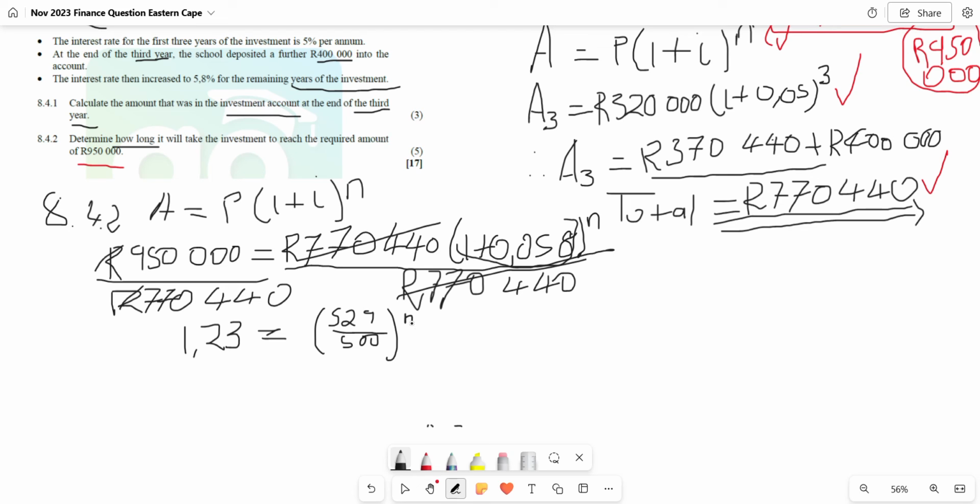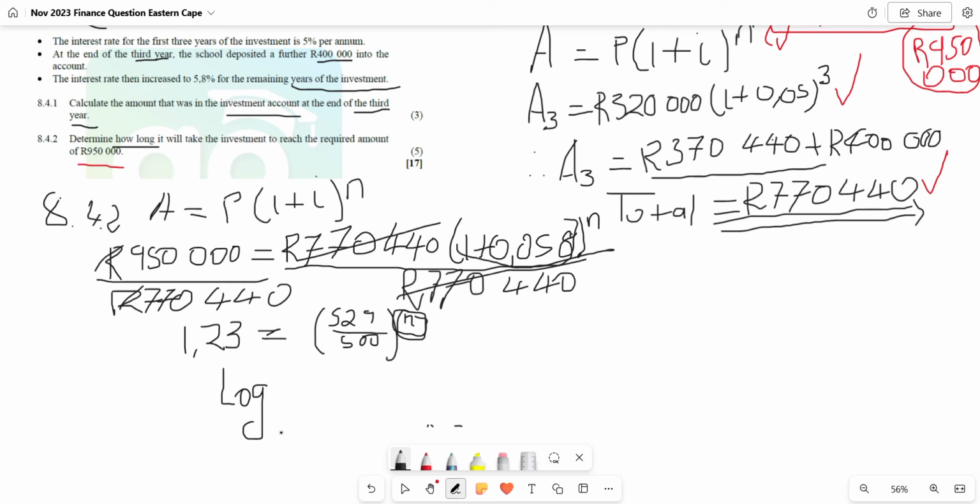Now, here n is an exponent. We see that the variable that we are looking for is an exponent. Since we are having n as an exponent, it means we are dealing with an exponential equation. For us to solve for n here, we must introduce logarithms, the rule of logs that we have in technical maths. Logarithm says log of what?